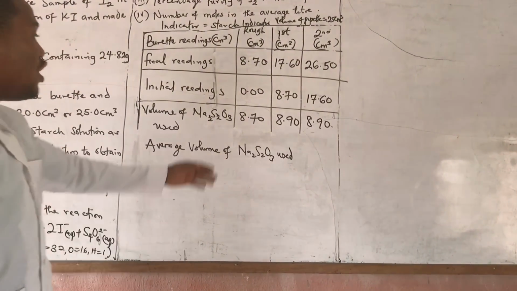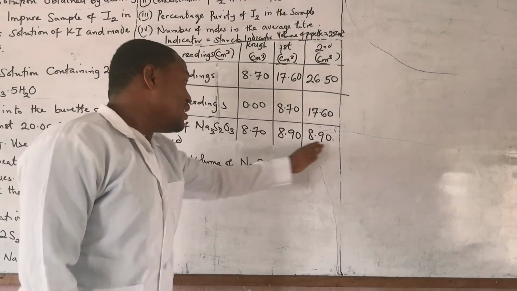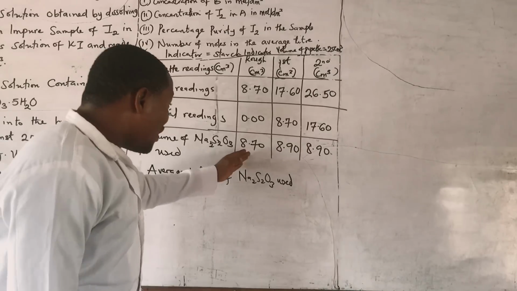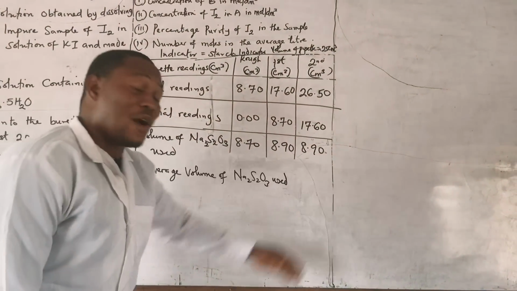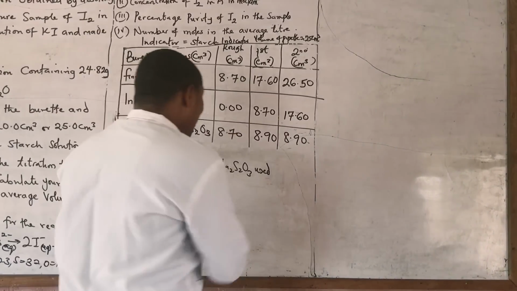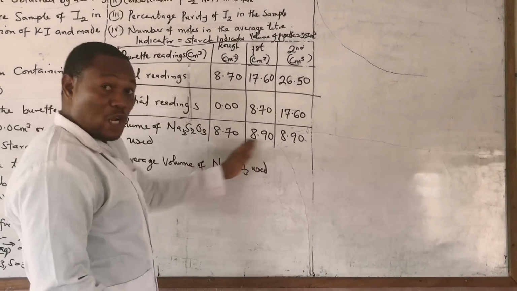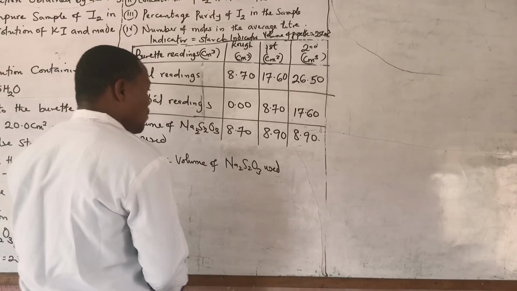We don't use the rough if the rough is very far. But like this one, I'm still taking the 2. But if the rough is very close to the titrations you have done, we can take the rough. I can still take the 3 because it's a bit closer to my titers, but I'm taking this 2 because this one is more perfect.